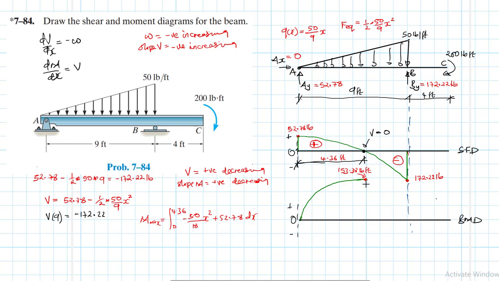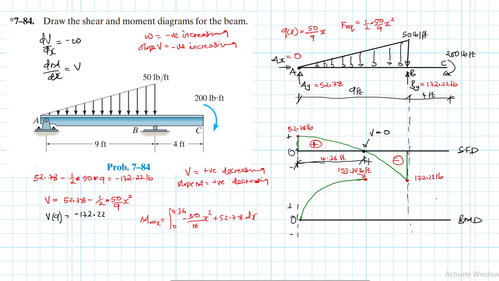So we already have the moment at A, and we either add it or subtract it depending on the sign, and of course it will be negative, so it will be subtracted. So let's subtract it from this value 153.38.